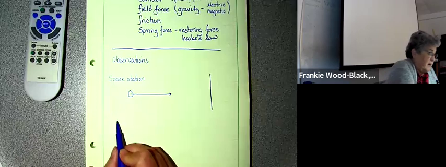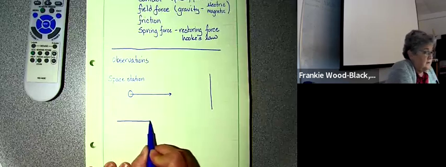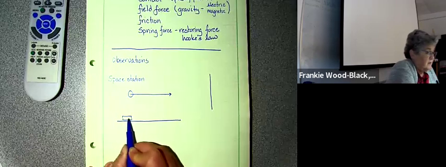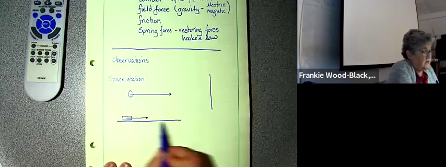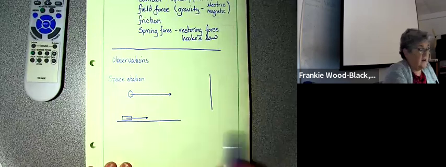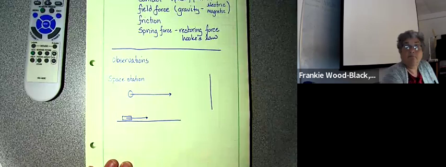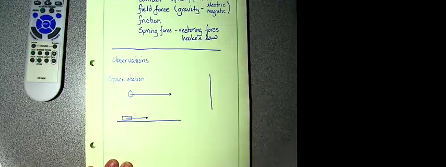We've seen that if I'm on an air hockey table and my puck is moving, my puck is just going to continue on. If everything's perfect, it's going to continue on until it hits a wall or somebody puts a hand out to stop it.